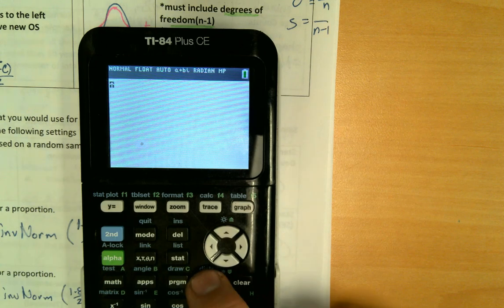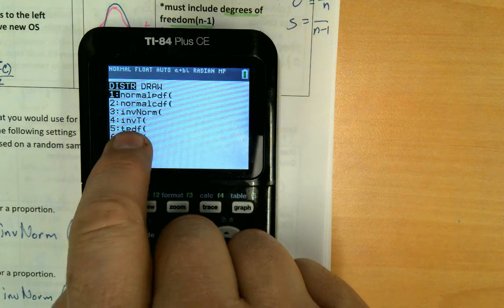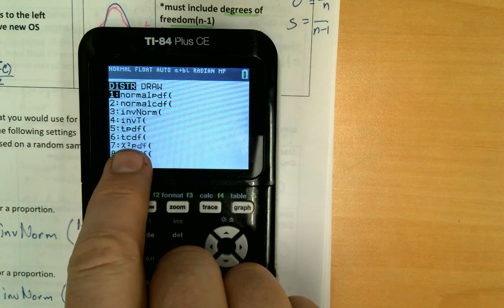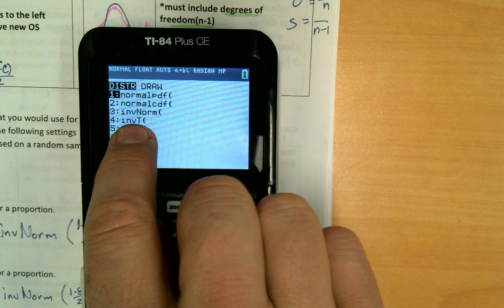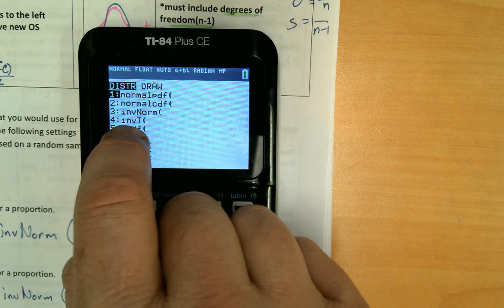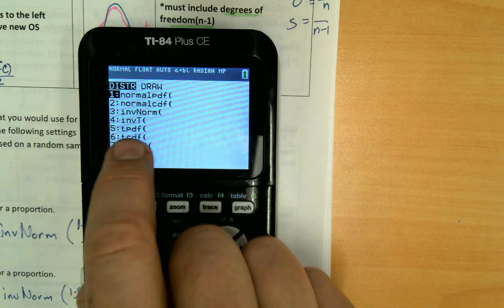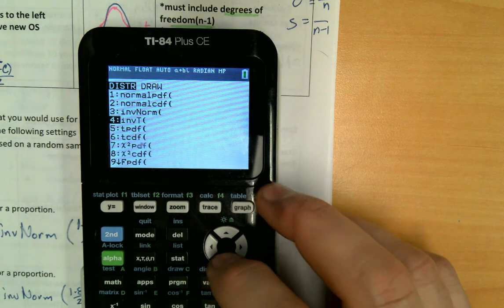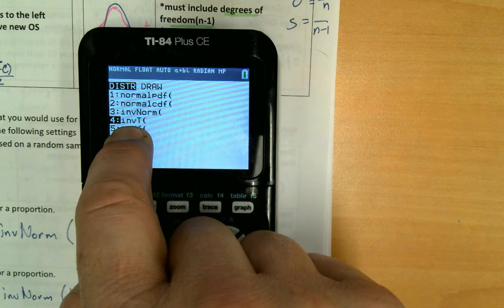So second, distribution, and you'll notice right below inverse norm is inverse t. We also have a tPDF and tCDF. We will not do that. That would be to find the area under those curves. That's not something we're going to have to do. We will only be using inverse t.